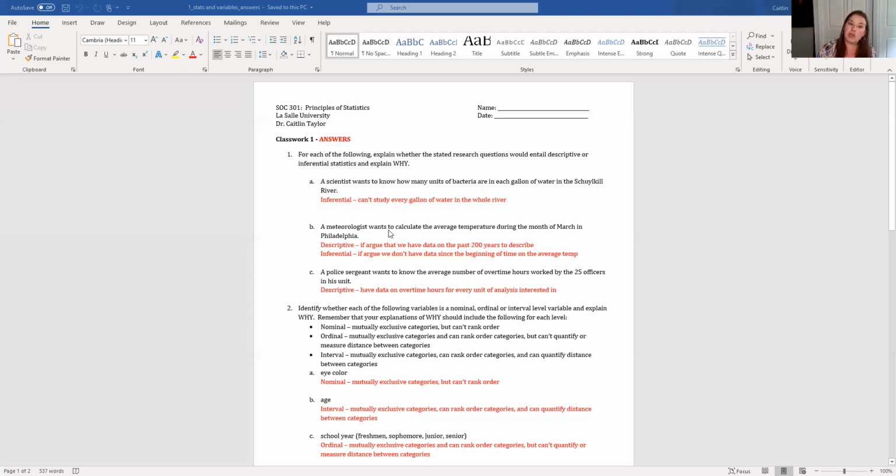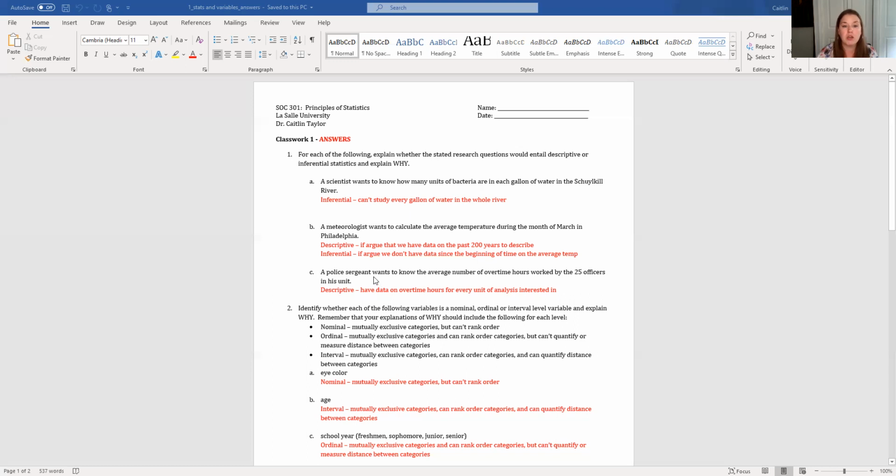If, however, you say we don't have data since the beginning of time on the average temperature, then you could argue inferential. So I would accept either descriptive or inferential for this, depending on how you word the explanation, depending on how you word the why part.